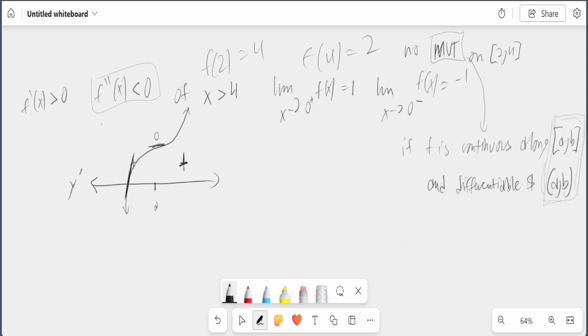So to go from positive to 0, you had to be decreasing. F double prime had to be negative here. But then to go from 0 back to positive, it had to be positive here. You know what I'm saying? So it did go from negative to positive. Otherwise, this situation is not possible.